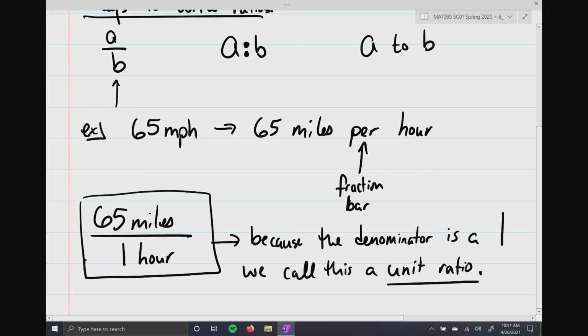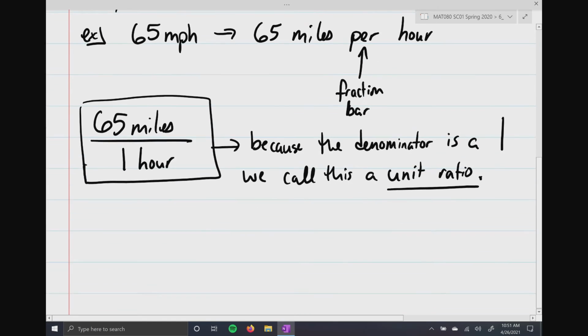Okay? If you do a lot of baking, baking deals with a lot of ratios. Like 3 parts salt to 4 parts water. Let me write that down.